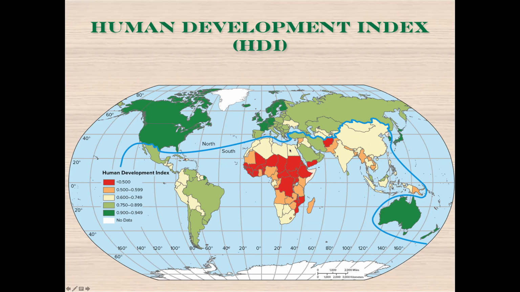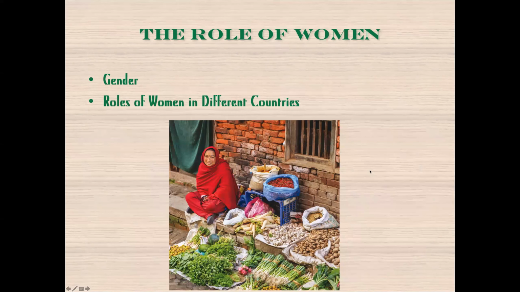And where are those? Again, Sub-Saharan Africa, Yemen, Afghanistan, and North Korea. Remember those 4 countries we talked about earlier. The role of women and the role of women in different countries. So it varies, you know, in a place like Germany, in a place like the US, even though we haven't had a woman president, a woman has run.